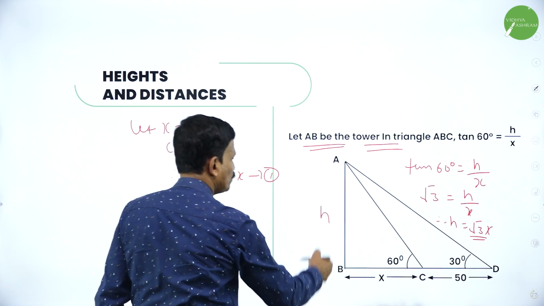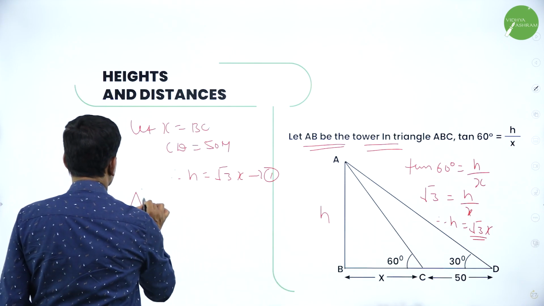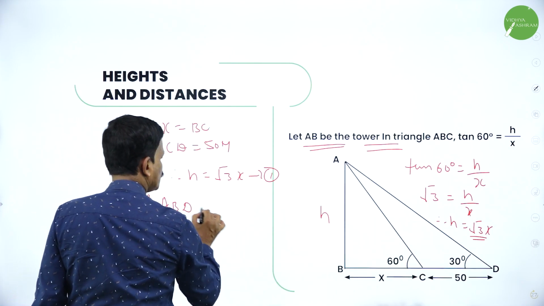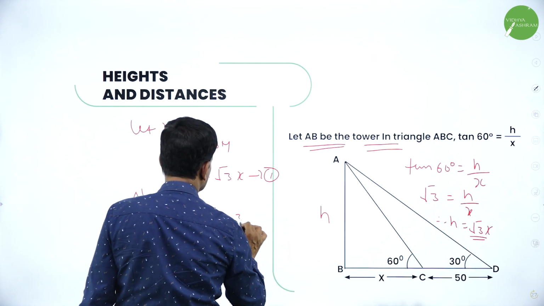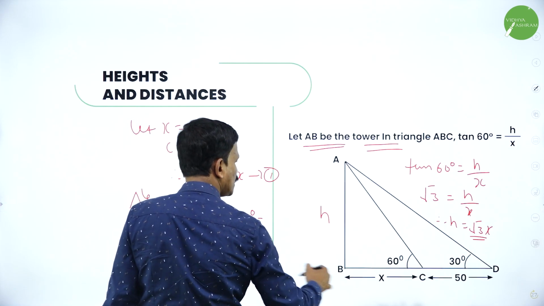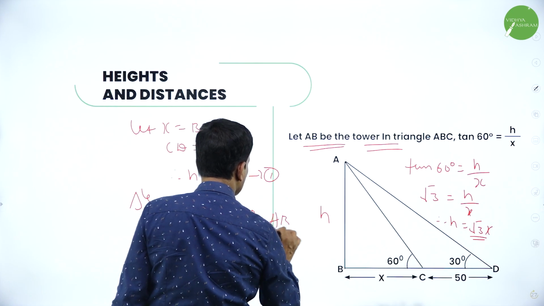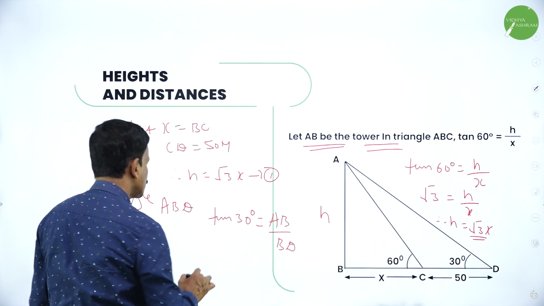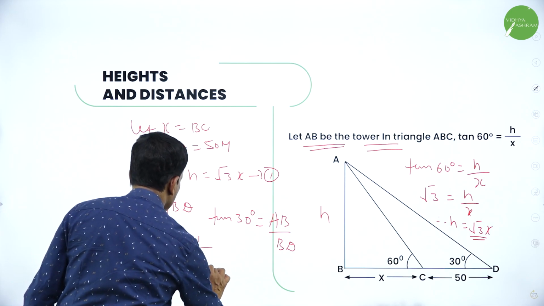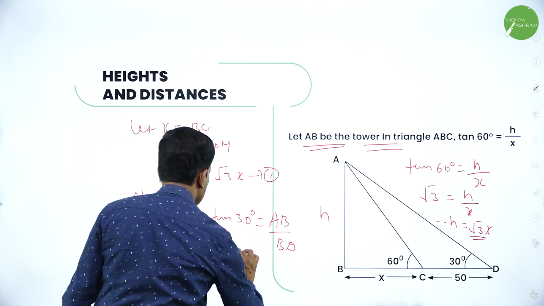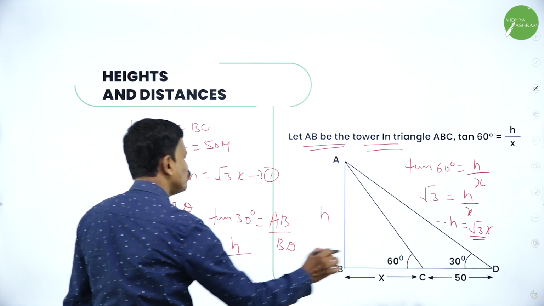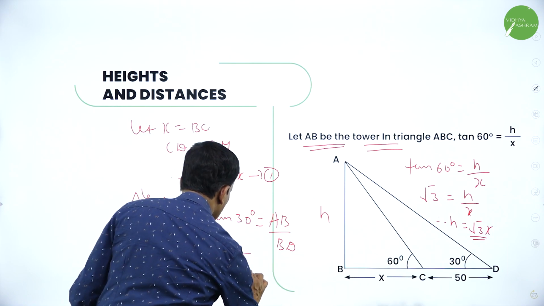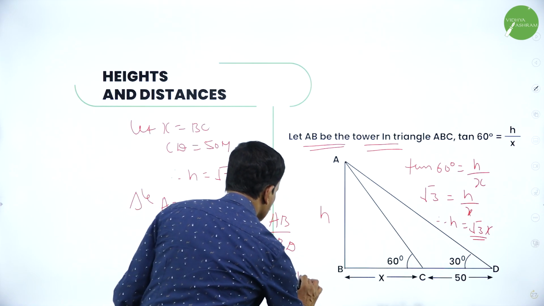Now take this triangle. From triangle ABD, take tan 30 degrees. What is tan 30? Tan 30 is AB divided by BD, and tan 30 is equal to 1 by root 3. AB is equal to h. Just find out BD. What is BD from this figure?